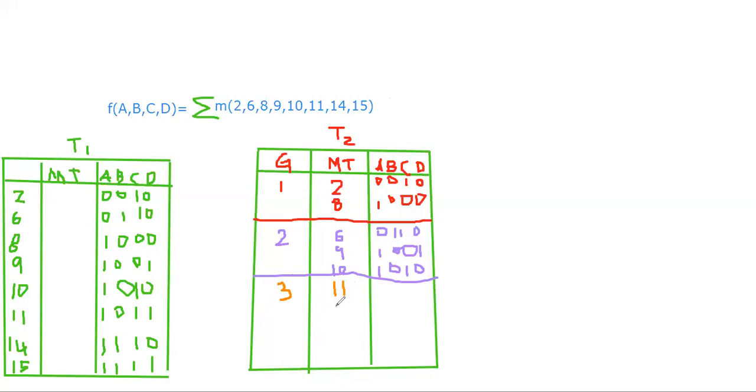The binary equivalent for 11 is 1, 0, 1, 1. For 14 it is 1, 1, 1, 0.